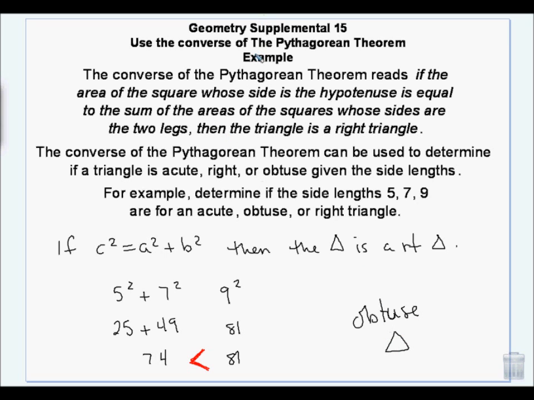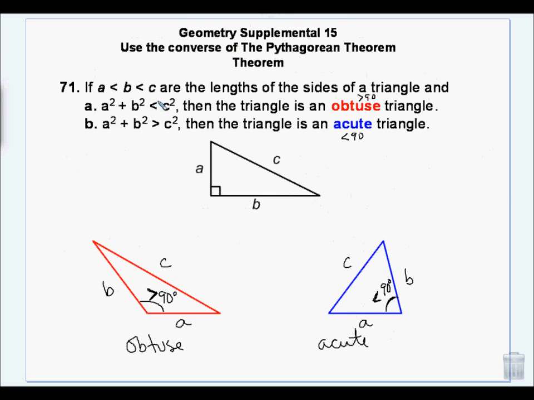The obtuse angle is greater than 90. See, that's why I said it's the opposite. I'm going to go back real quick. Here I have the angle. This angle is greater than 90, but A squared plus B squared is less than C squared. So it's like the opposite of what you would think. So if this is a less than, you have an obtuse triangle. If this is greater than, you have an acute triangle.